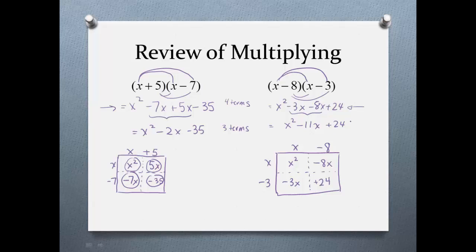Now the reason I wanted to show you it both ways is that there are patterns in the numbers that show up in the box, or the numbers that show up in the 4 terms, and the coefficients that show up at the end here.